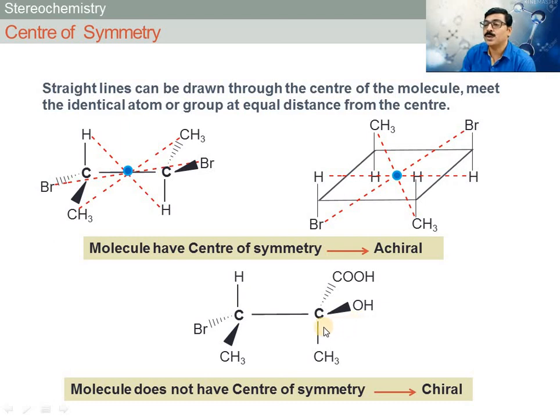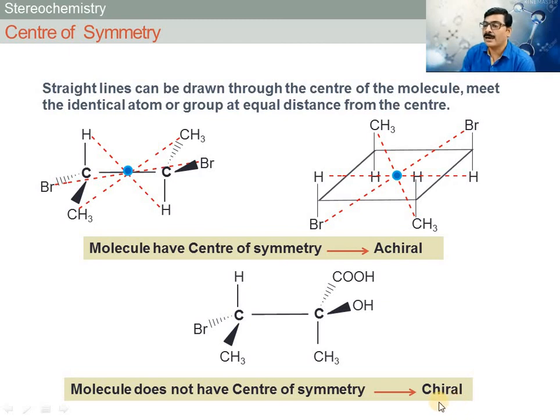Means if you draw these three straight lines from the center of the molecule, then identical atoms or groups are not obtained. So such a molecule does not have center of symmetry, and if the molecule does not have center of symmetry, then such a molecule is a chiral molecule.